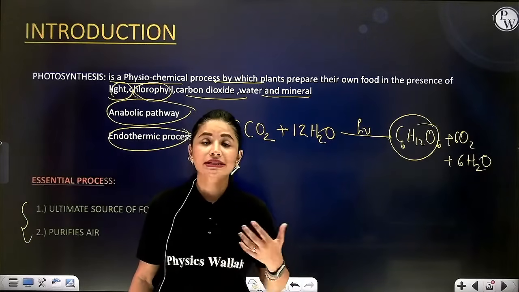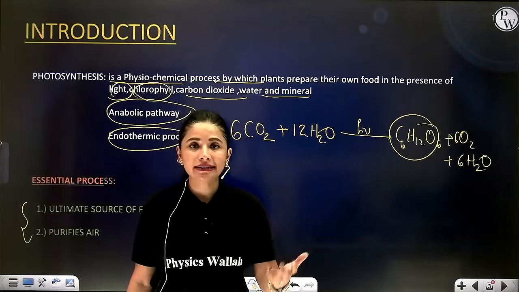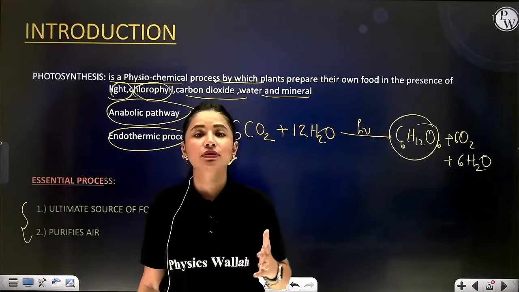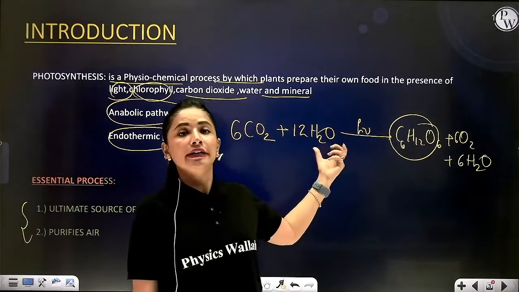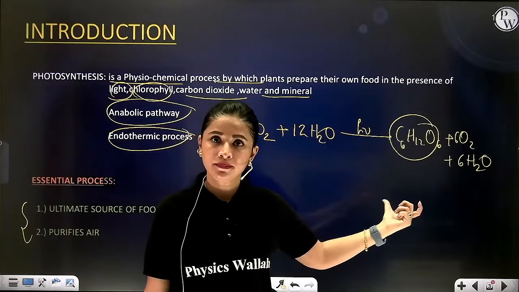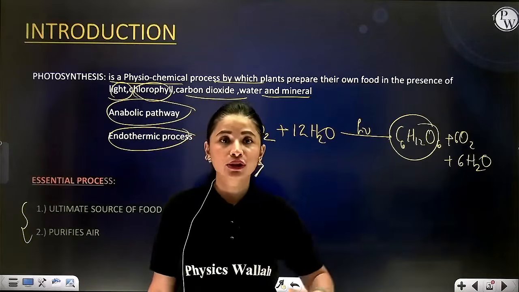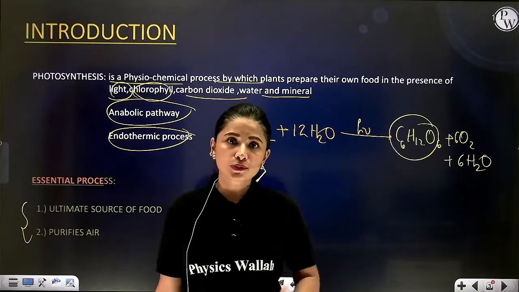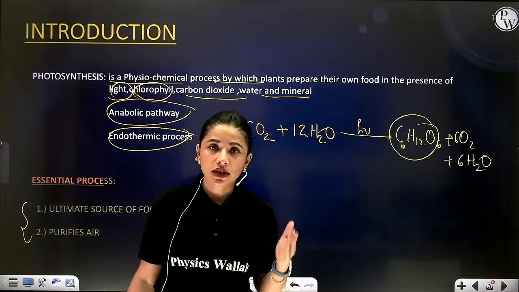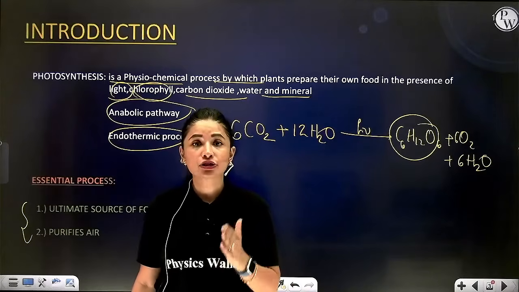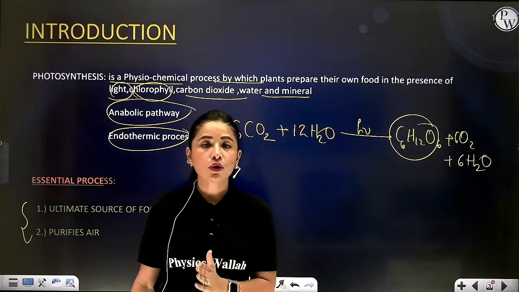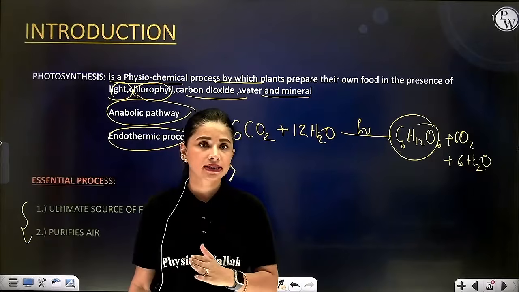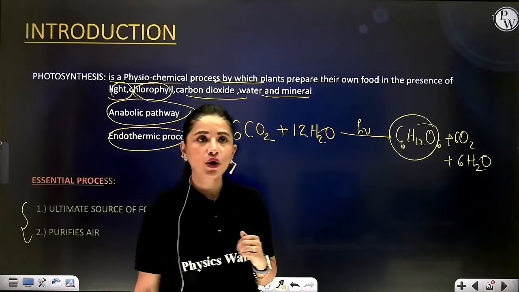Surely there must be scientists who have made great discoveries in the field of photosynthesis in order to deduce this equation. There must be some scientists who told you the importance of CO2, light, glucose production, etc. So now we are going to see the history of photosynthesis, some important discoveries in the field of photosynthesis.